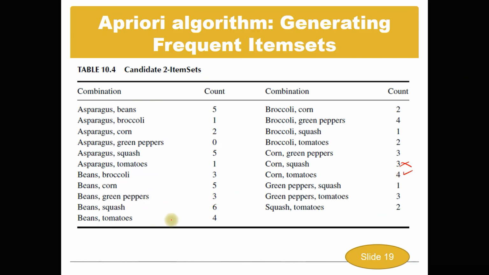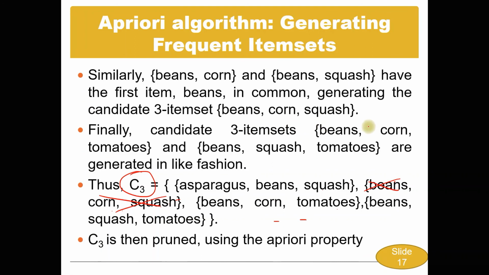Bean tomato, okay. So we are not going to prune it for the time being. We leave it as it is. All right, so this is not going to be pruned. Let's move on to the next.